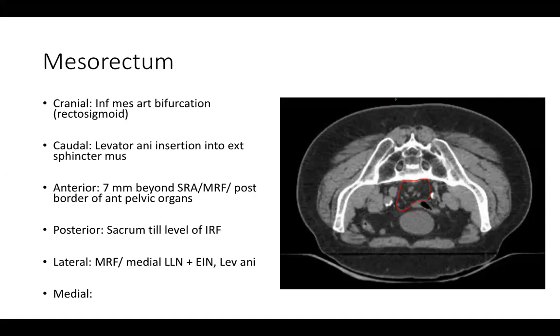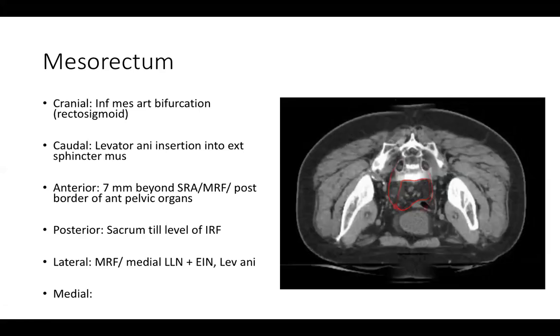From there we start, we give a 7 millimeter anterior margin to the superior rectal vessels and go all the way down, and as soon as the anterior organs like the bladder, seminal vesicles, uterus, or vagina come, that will form the anterior boundary.